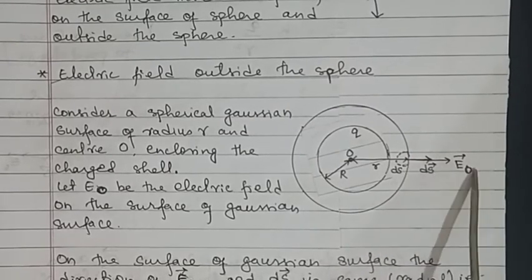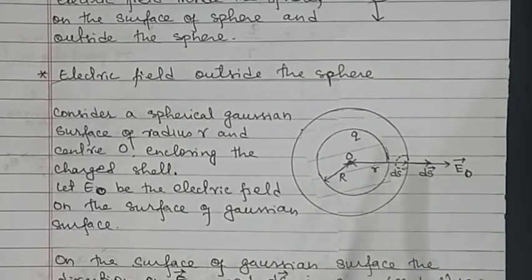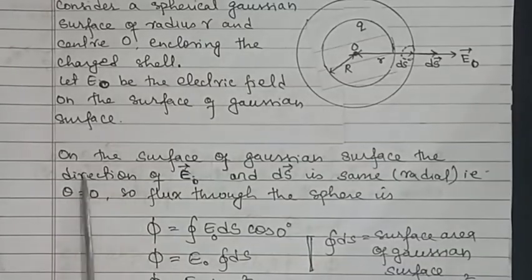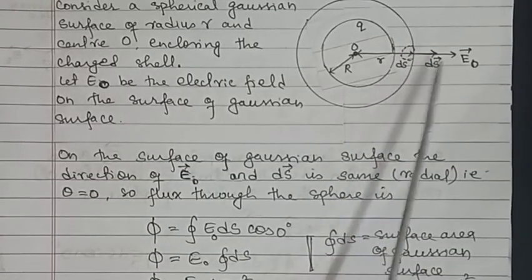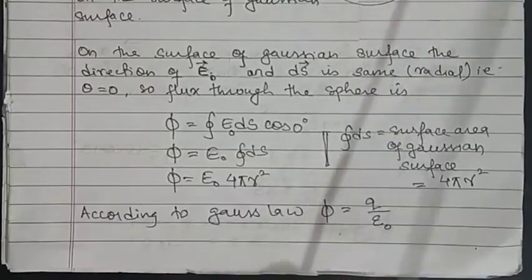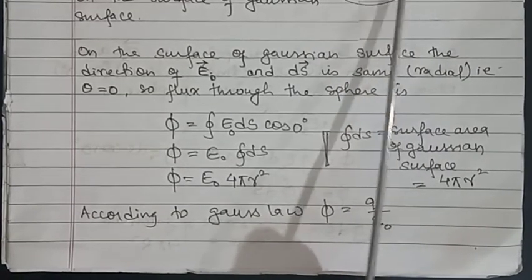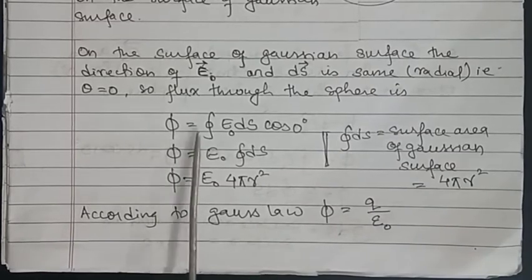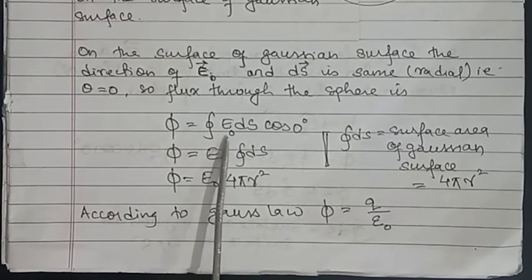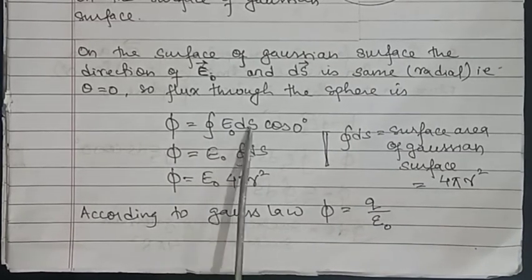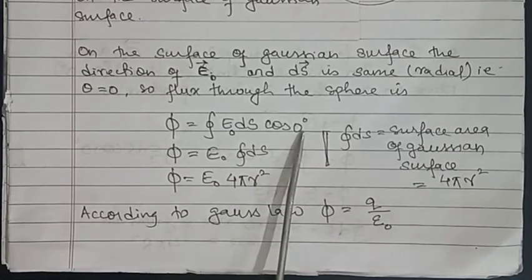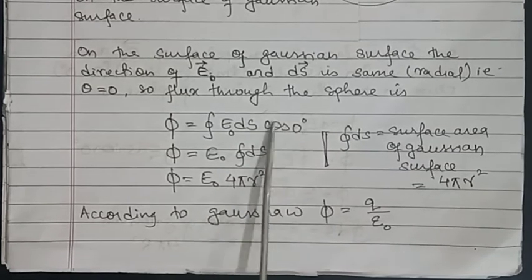Electric field is E naught, that means electric field outside the sphere. So now I can say on the Gaussian surface the direction of dS and E naught is the same. So the flux will be given by flux is equal to closed integration of E dS cos 0 degrees, and cos 0 is 1.